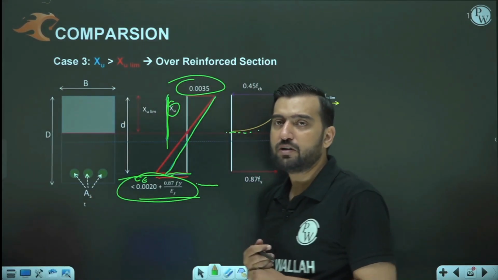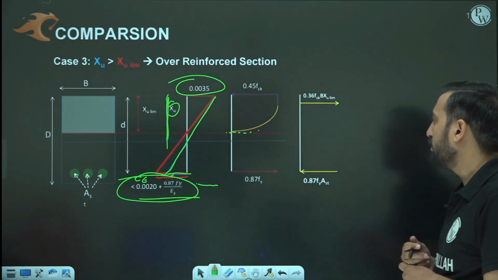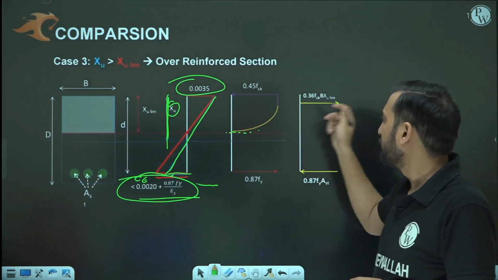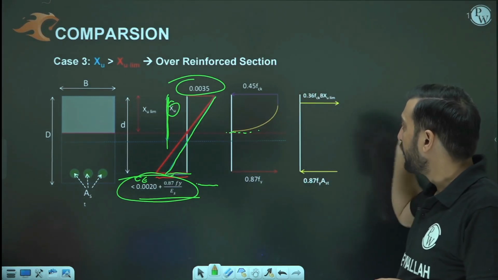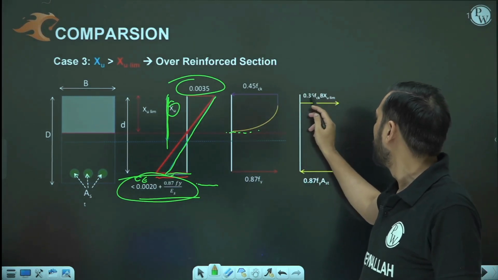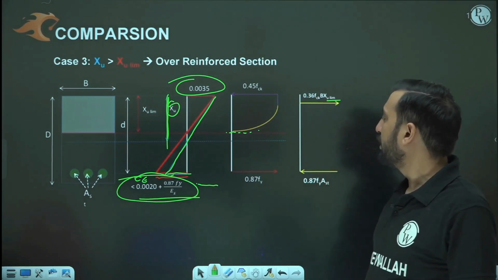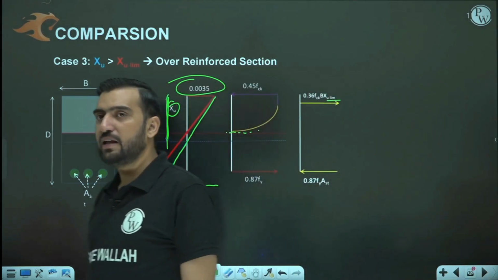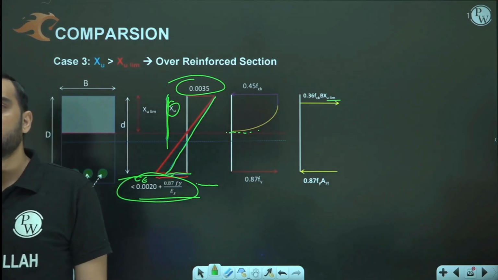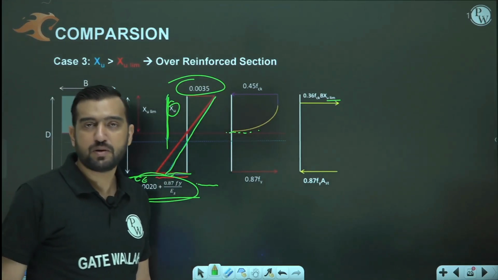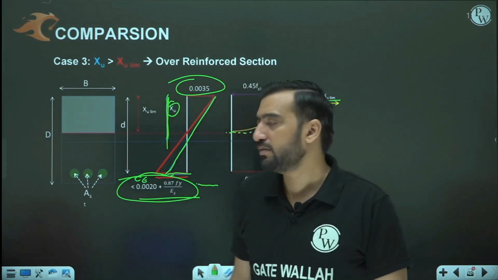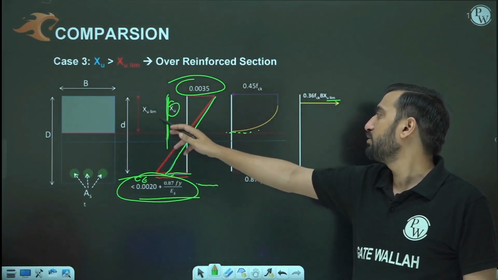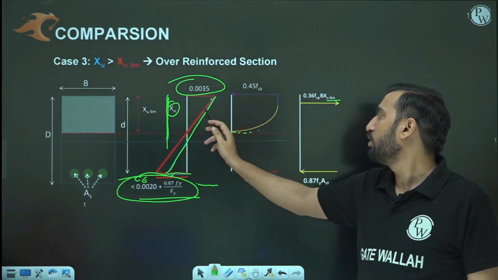Are you getting it or not? Tell me, my dear friends. So this is the way by which you can find the compressive forces. What is important here is that in an over-reinforced section, for calculation purposes, you are going to take xu limit as your benchmark, as your actual depth of neutral axis, because although with respect to the area of steel xu is greater than xu limit, it is not going to cross this value.